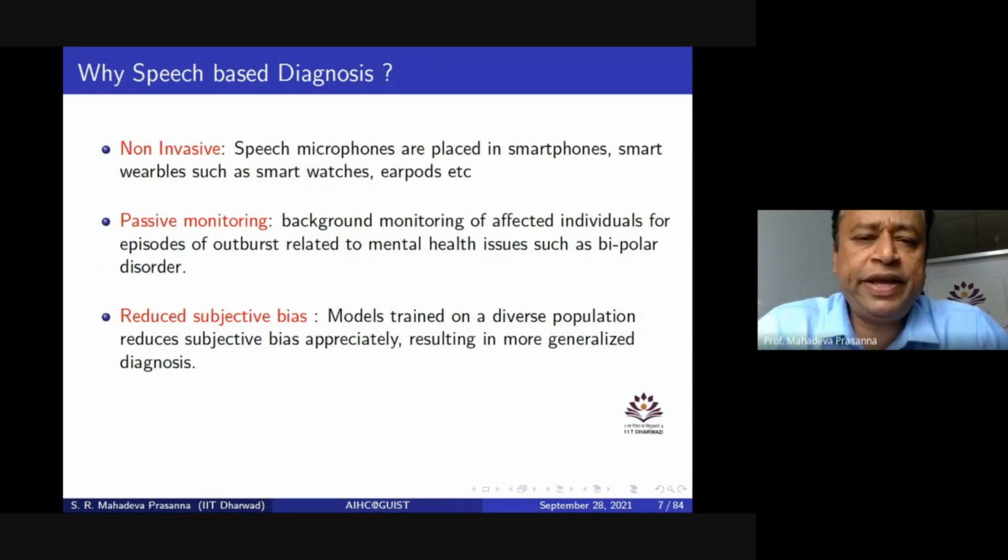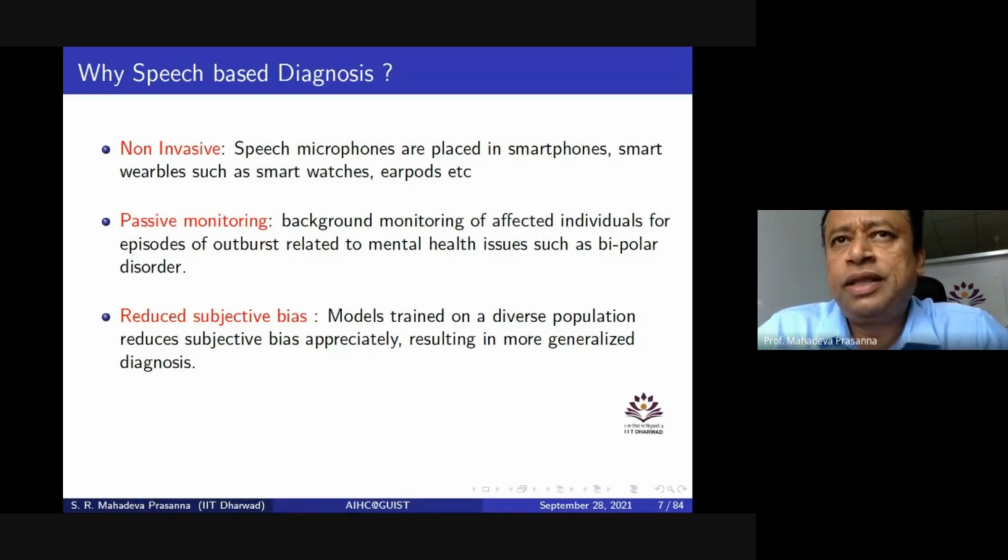Coming to the introduction part, the first question is: generally, when we say diagnosis, we think about the traditional test reports or X-ray images or other images, or some blood test report, and use them for health diagnosis.